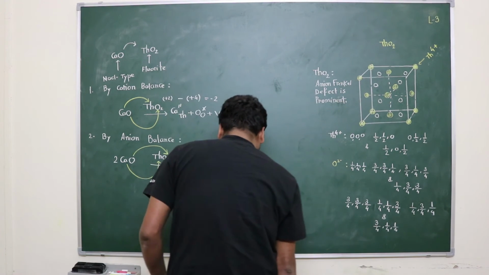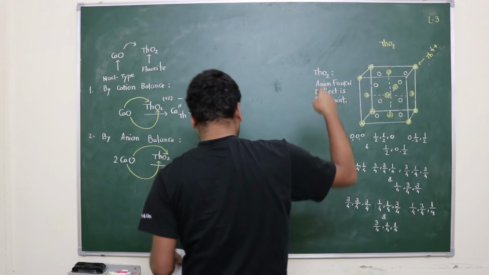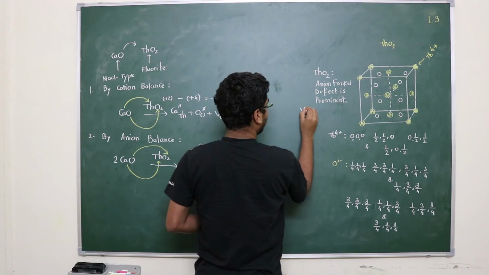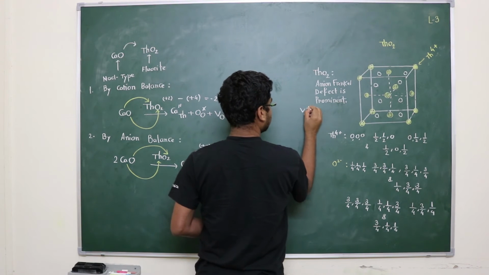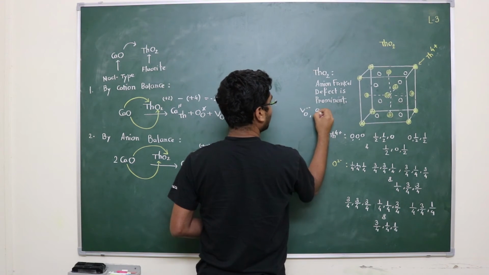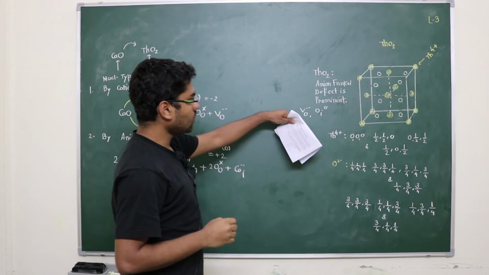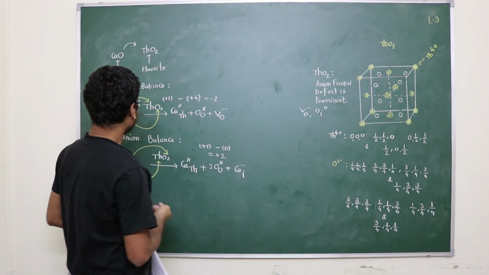So if the anion Frenkel defect is prominent in the TiO2 structure, that means vacancy of oxygen and oxygen going to an interstitial position will be present in that crystal structure.